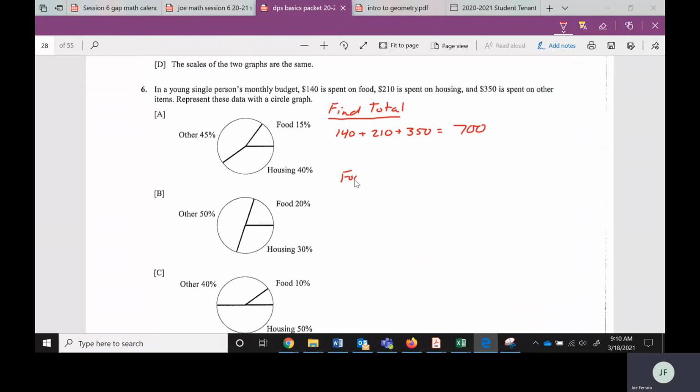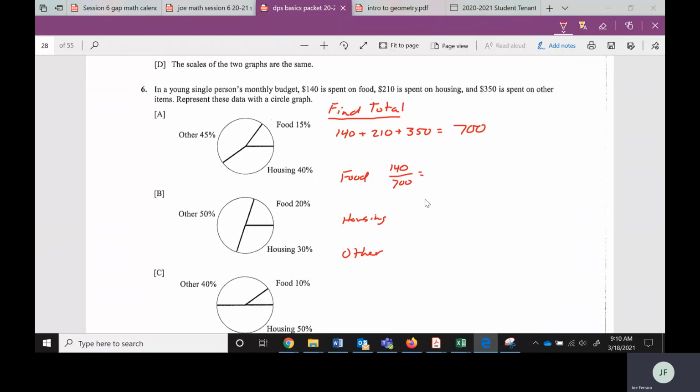So we're going to look at food, we're going to look at housing, and we're going to look at other. So remember, finding a percent, that's kind of like a test score. So food, you're using 140 out of your $700. Okay, now this was all stuff we did in previous sessions, but just talk through it as a review.